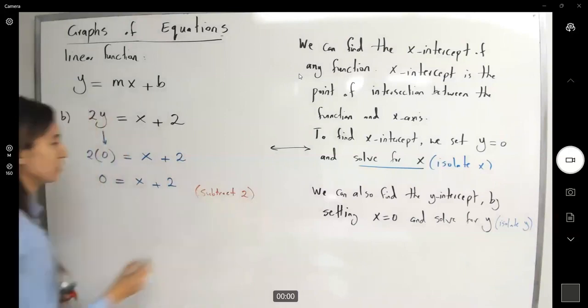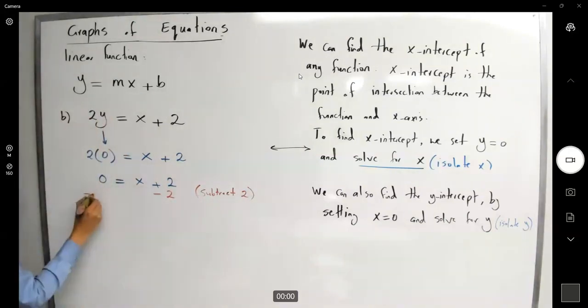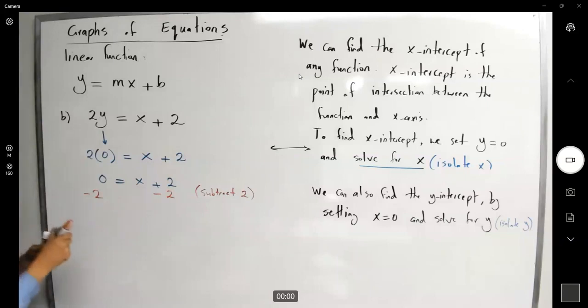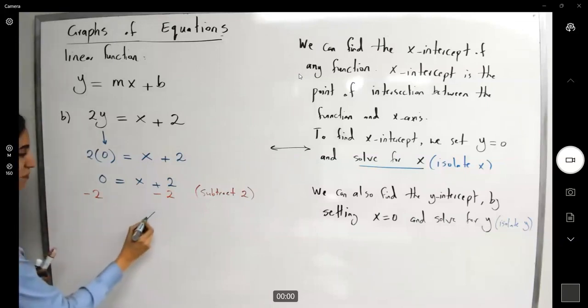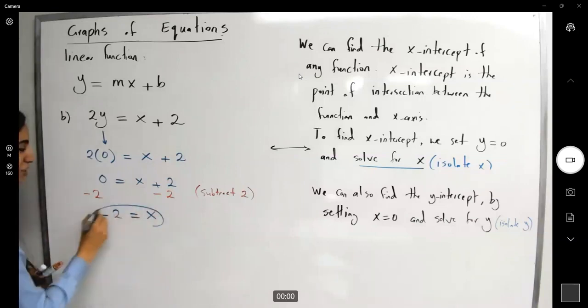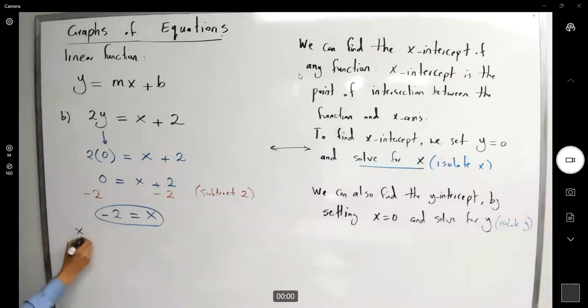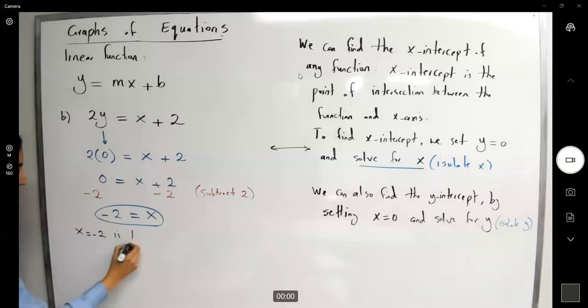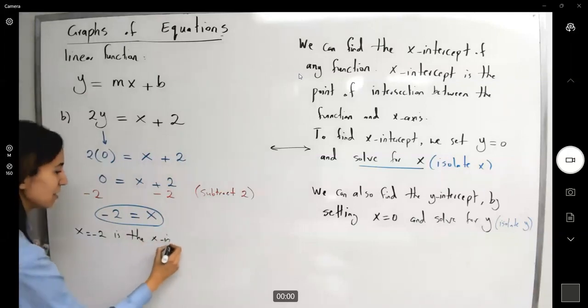If I subtract 2 from both sides, I'm left with x equals minus 2. So x equals negative 2 is my x-intercept.